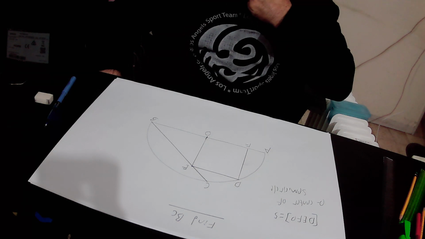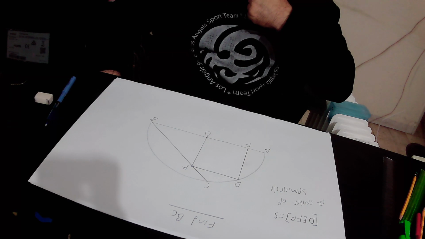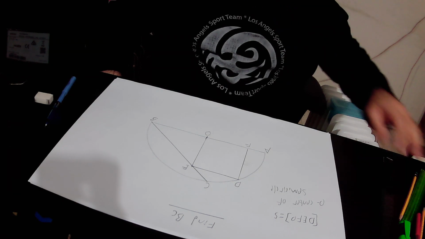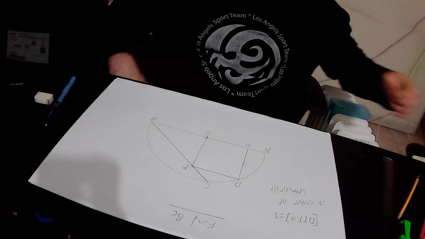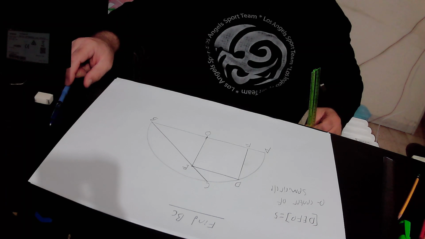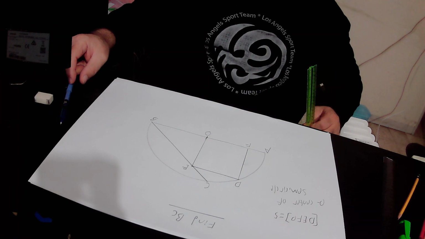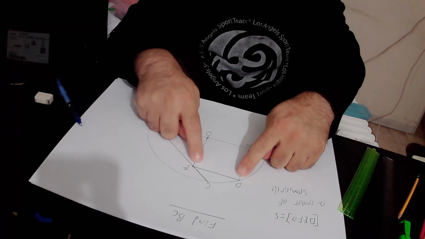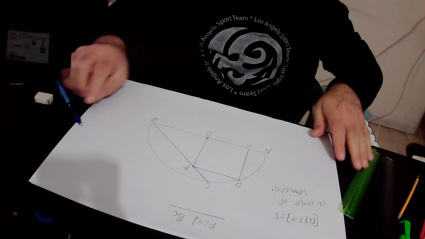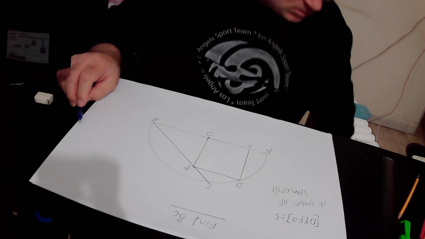Okay, so first of all, we know that all the angles inside the square are right angles, therefore all those 4 angles are right angles. So write it down.